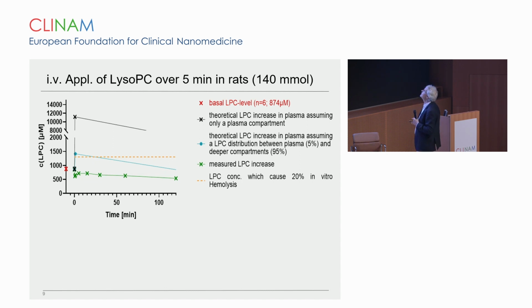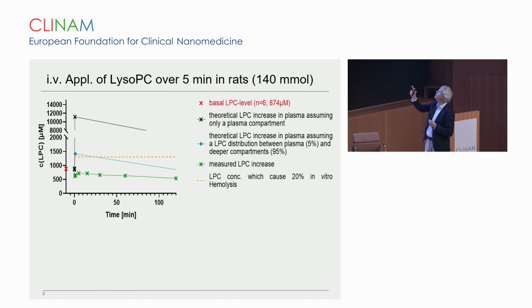hemolytic threshold. This is defined as 20% hemolysis values from in vitro studies. The red X is the basal level in these rats we tested. This is higher than in humans, a little bit less than 900 micromolar. And the black curve, this is a theoretical curve for Lyso-PC increase in plasma, assuming only a plasma compartment, which is not true.